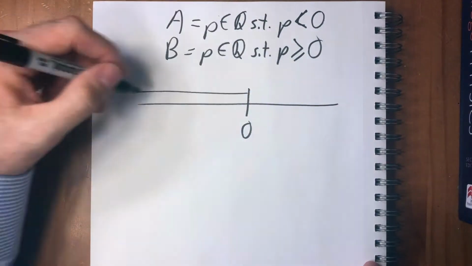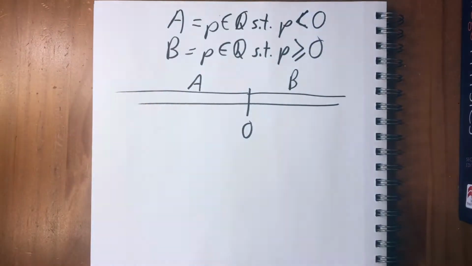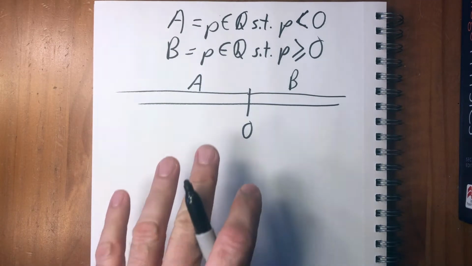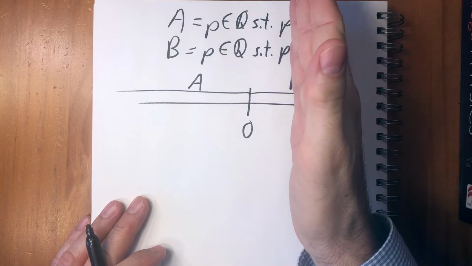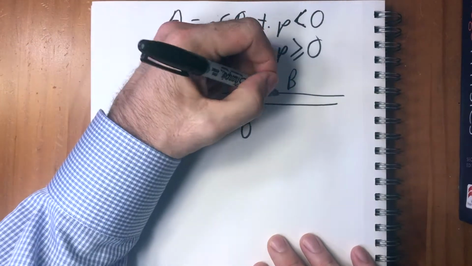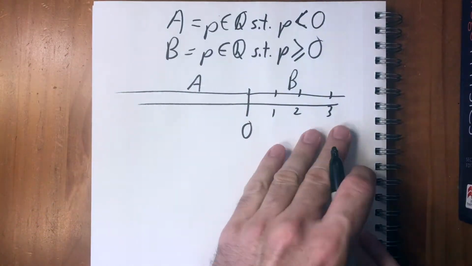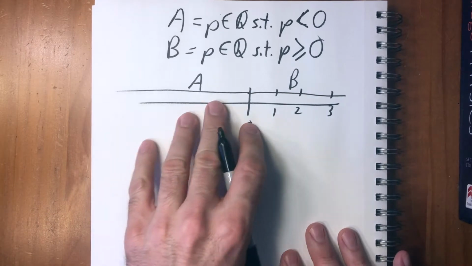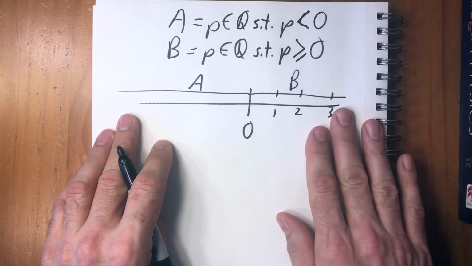A is everything to the left of 0. B is everything to the right of 0, including 0. A is bounded, which means that there are numbers that are bigger than anything in A. Any number in B, like 1, 2, 3, is bigger than anything in A. So 1, 2, 3 are all upper bounds of A.